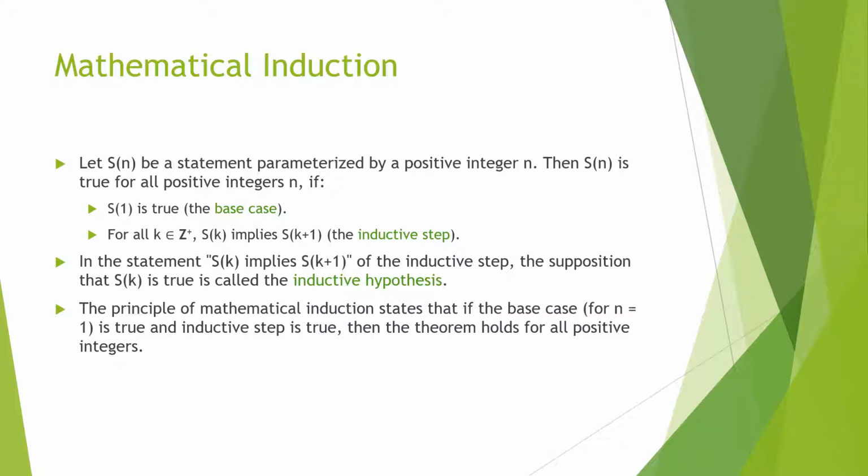Secondly, you need to show that for every k in the set of all positive integers, if S(k) is true, then S(k+1) has to be true. In other words, for every positive integer k, S(k) should imply S(k+1). This is called the inductive step.